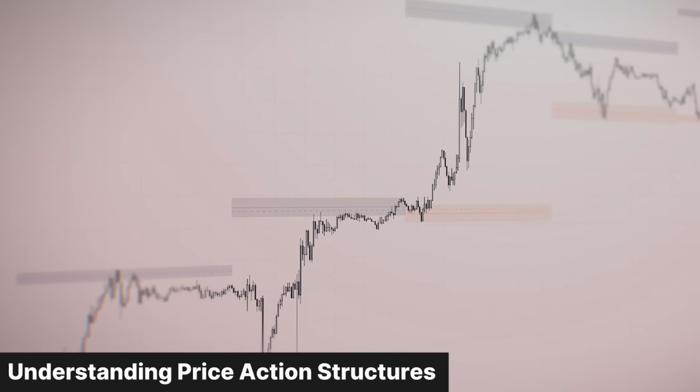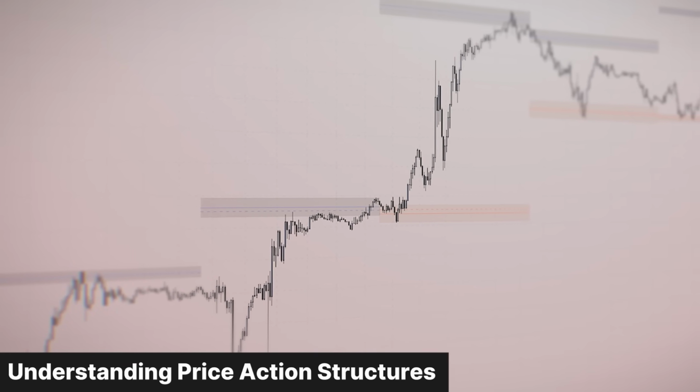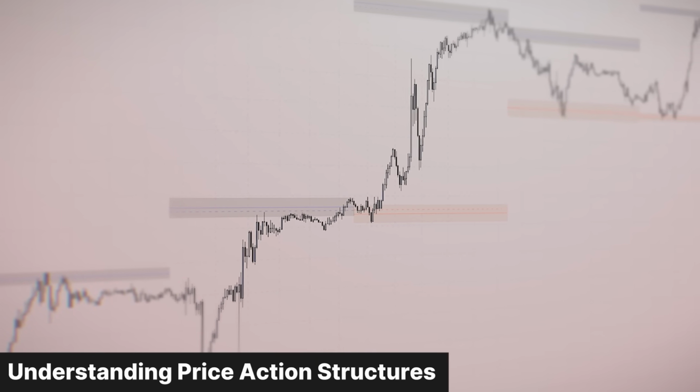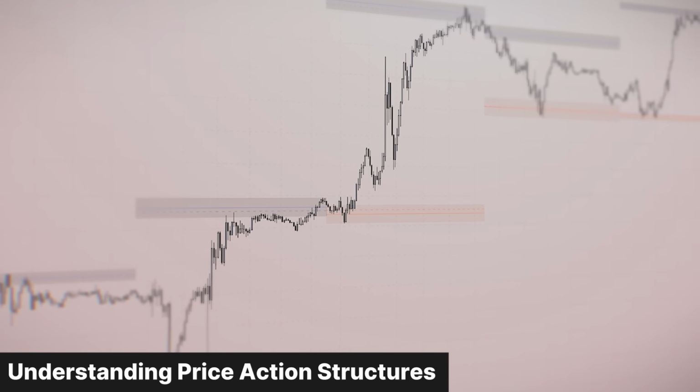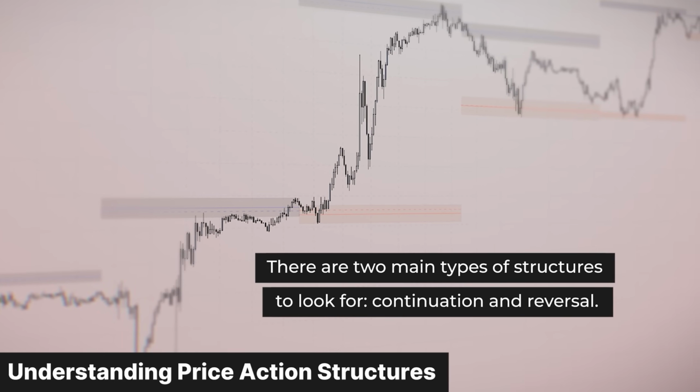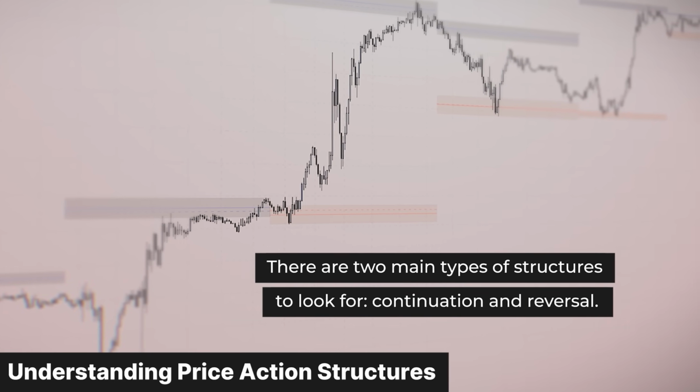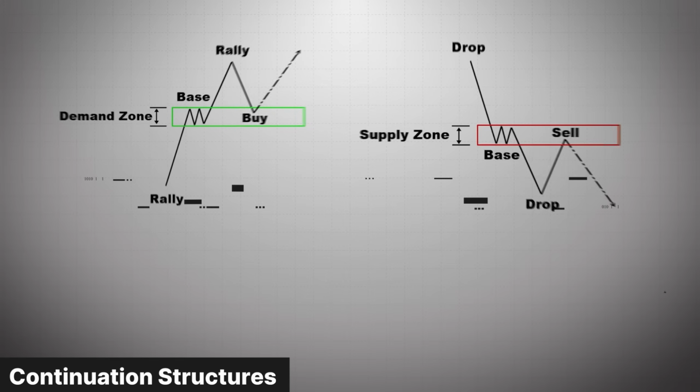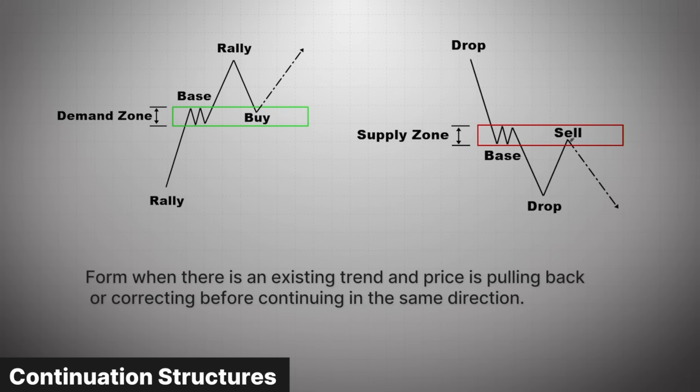To identify fresh zones, you also want to pay attention to the overall structure of the price action. There are two main types of structures to look for: continuation and reversal. A continuation structure forms when there's an existing trend in place, and price is just pulling back or correcting against that trend before continuing in the same direction.